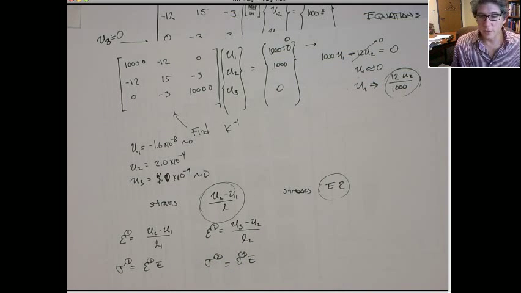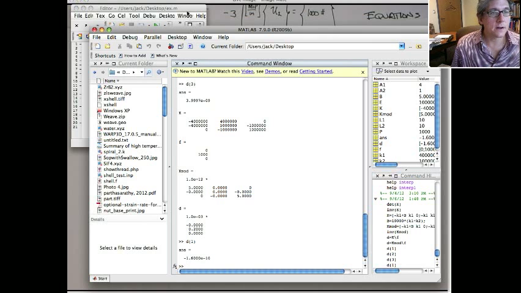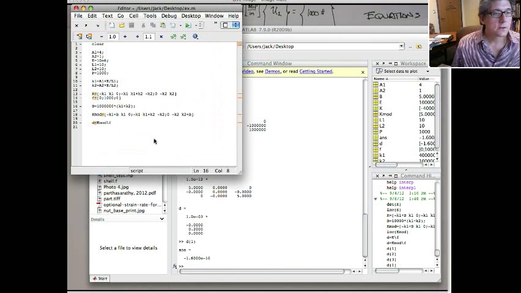And we can do that easily enough in our little script. So I'm going to call this epsilon 1 for the strain in the first element, and that's going to be D2 minus D1 over the length of the first element, L1, and then epsilon 2, the strain in the second element, is going to be D3 minus D2 over the length of the second element.